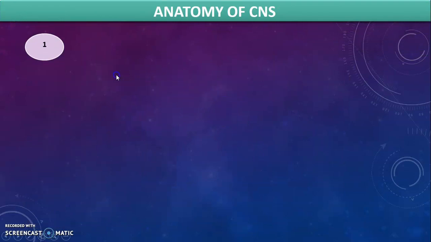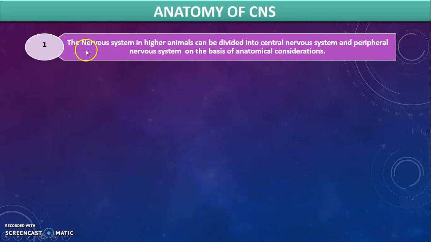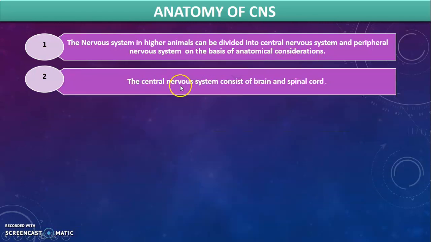In the anatomy of the central nervous system, it is the nervous system in higher animals and can be divided into central nervous system and peripheral nervous system, on the basis of anatomical consideration. Then the central nervous system consists of the brain and spinal cord.